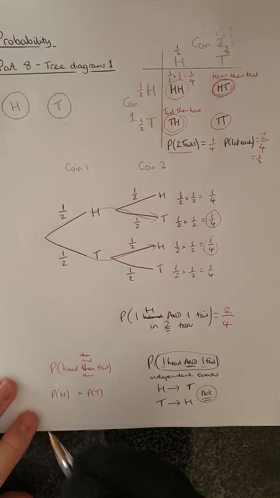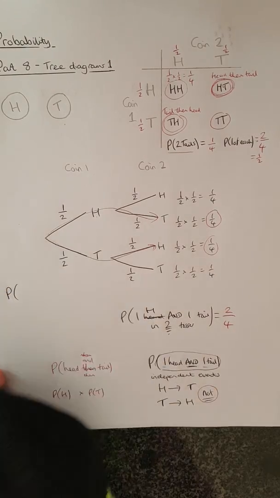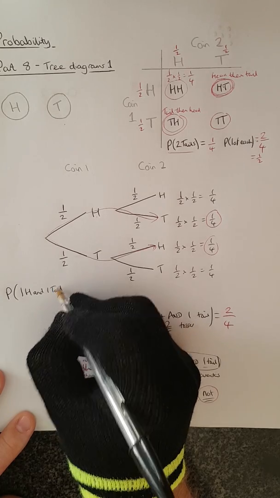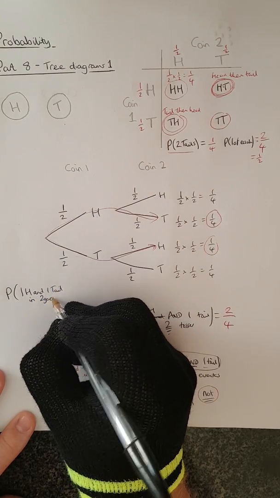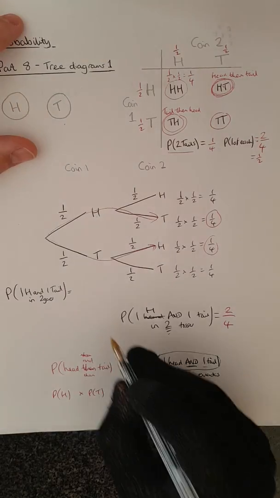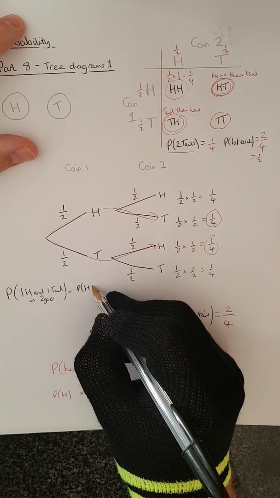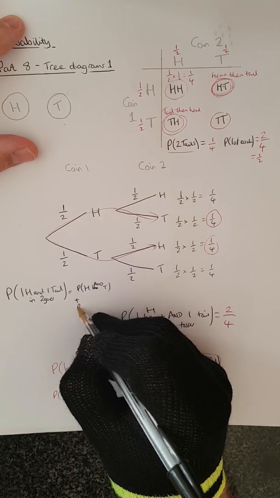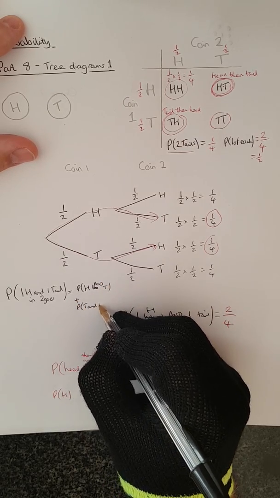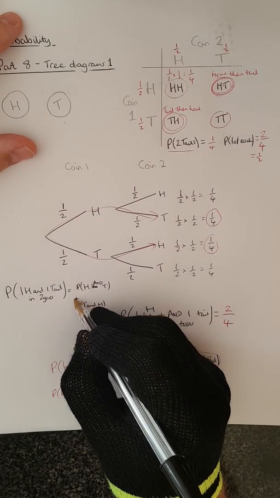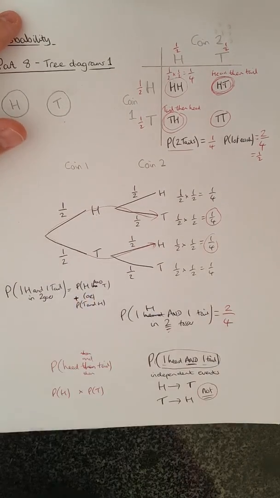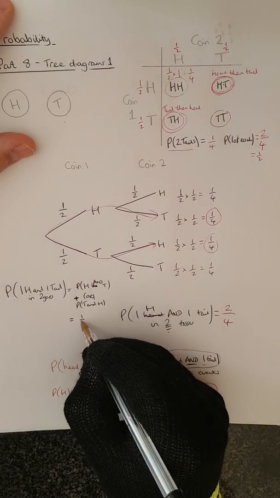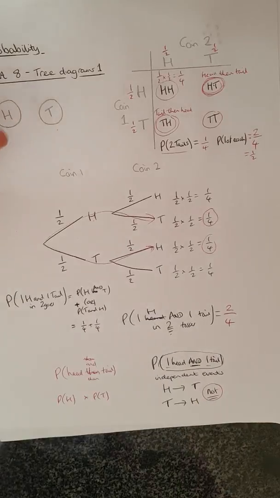Now, let me write that even more carefully for you. The probability of one head and one tail in 2 goes is the probability of a head and a tail plus the probability of a tail and a head. And where the plus here means or, because it could be either way round. So it's 1/4 plus 1/4.